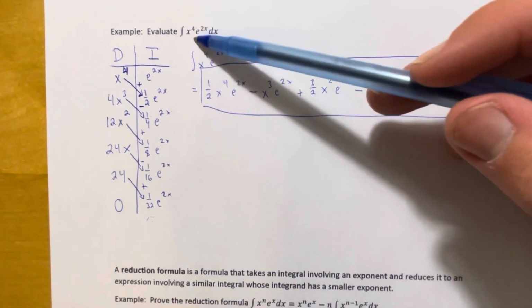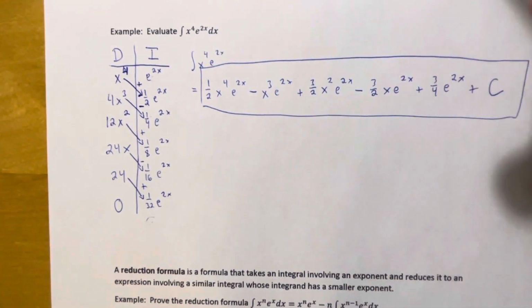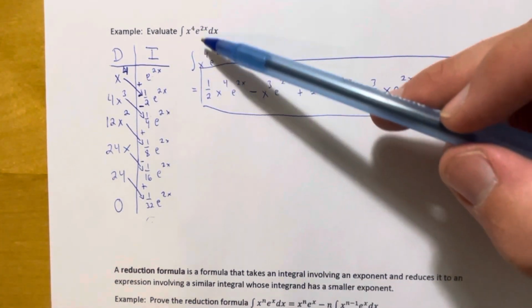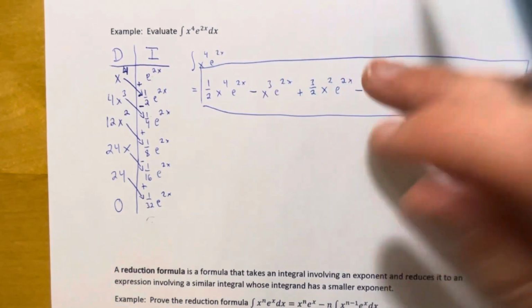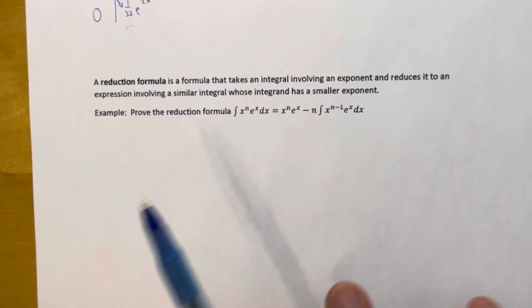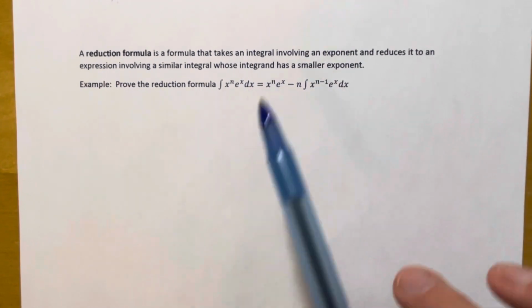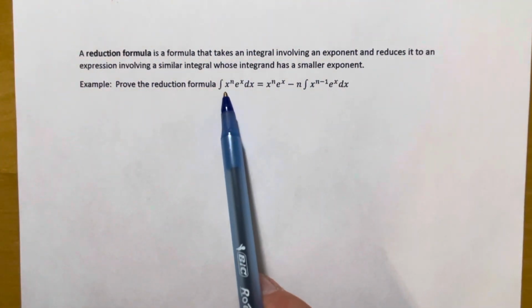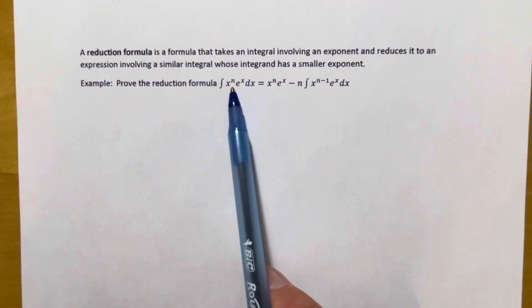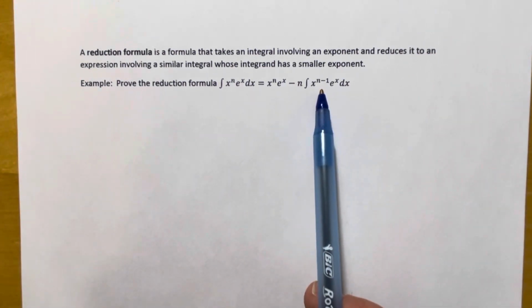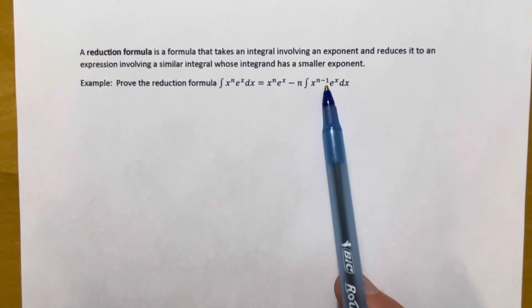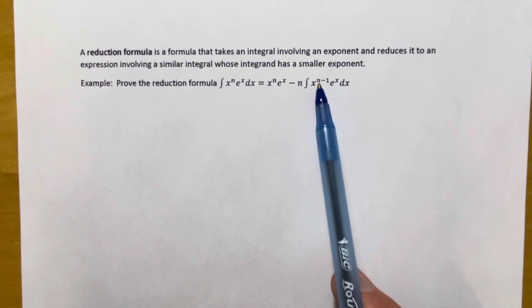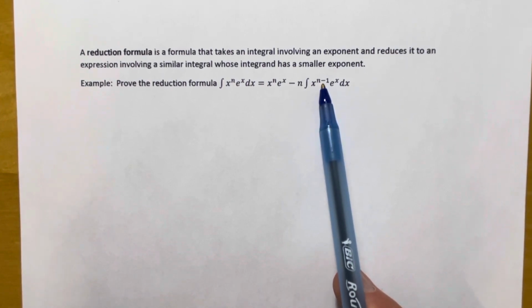As we saw up here, this is a function that looks similar to what we're seeing down here: x to some power and then an exponential function. The goal of a reduction formula is to take an integral of this type and represent it using an expression that might have an integral of a similar type, but with a smaller power, okay?